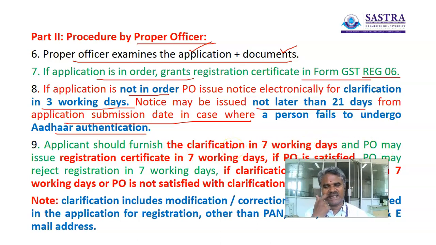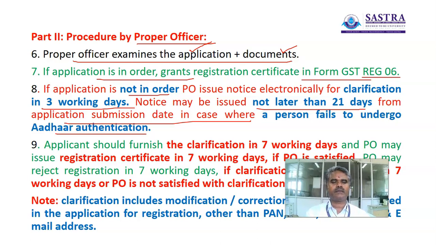Once the applicant gets the query from the proper officer, the applicant should reply with all clarification proof within 7 working days from the date of receipt of the notice. This is very, very important.